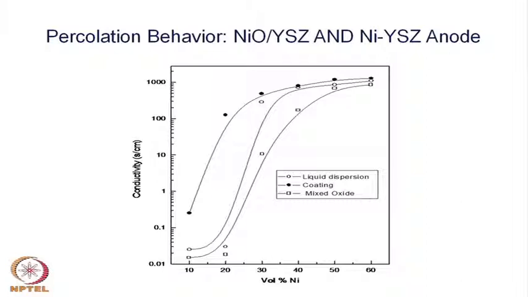There are nickel dispersions, but the continuous network is not available there.